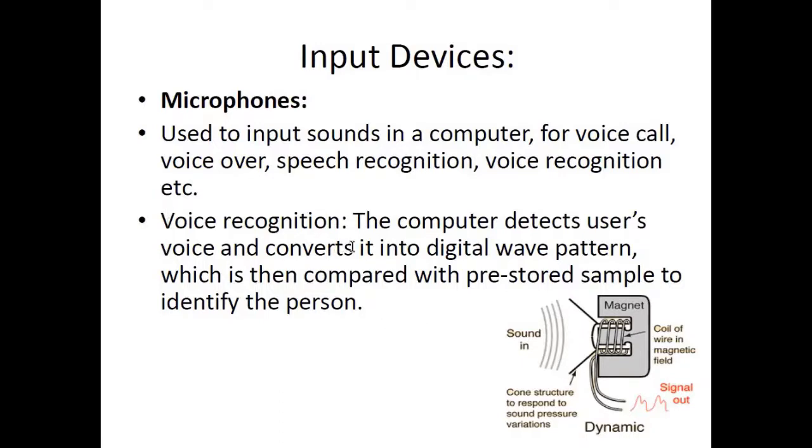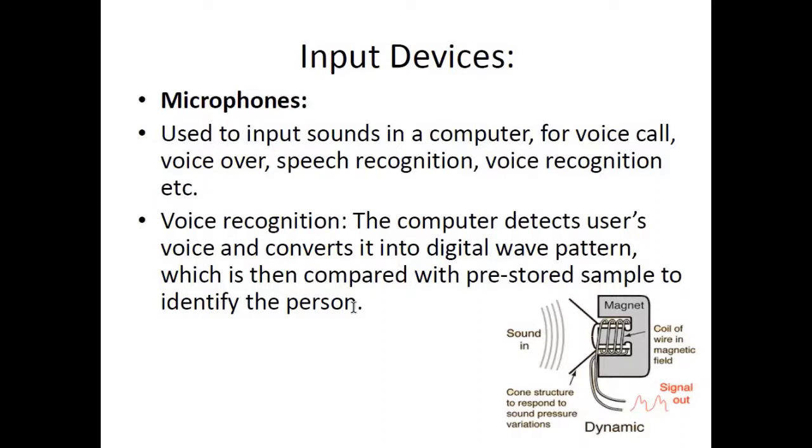Now coming back to our topic, voice recognition. The computer detects the user's voice and converts it into a digital wave pattern, which is then compared with a pre-stored sample to identify the person. This is usually used in security systems, where you have to stand in front of a locked door and say some specific keywords.